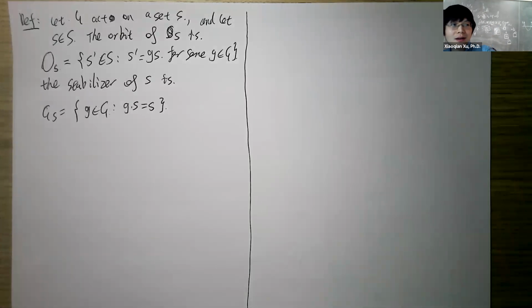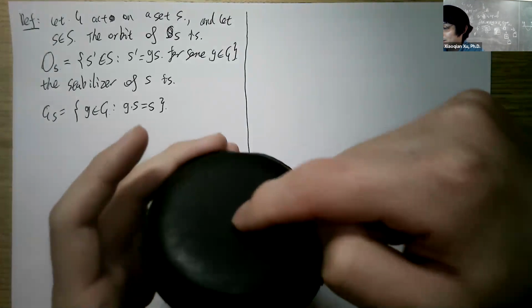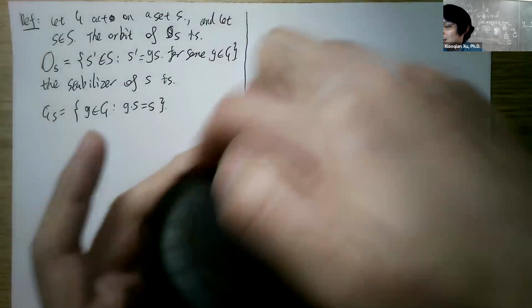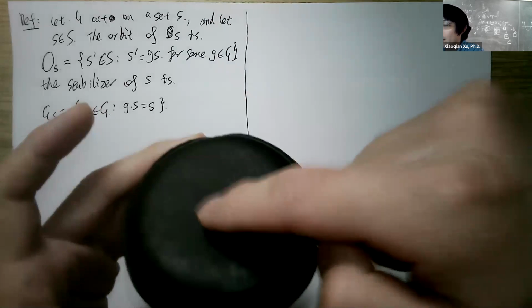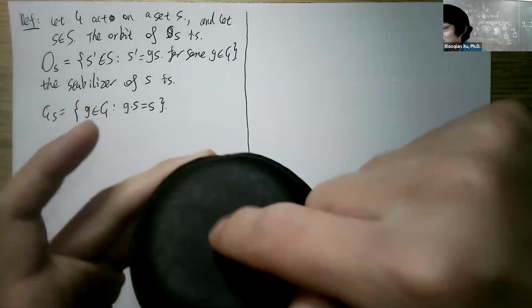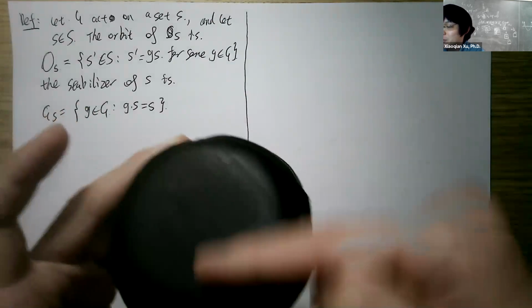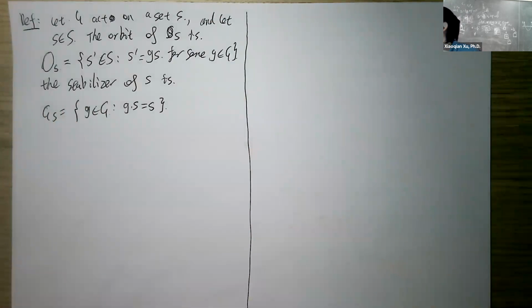You can try to imagine you have a point here, and the group action will move this point to somewhere else. The orbit of this point means you use all the elements to hit this point, and then it forms some kind of a track of this point.